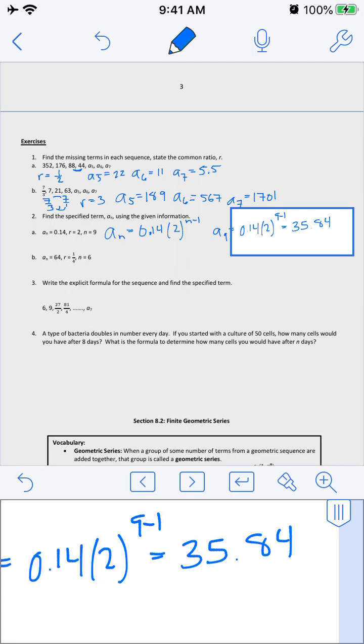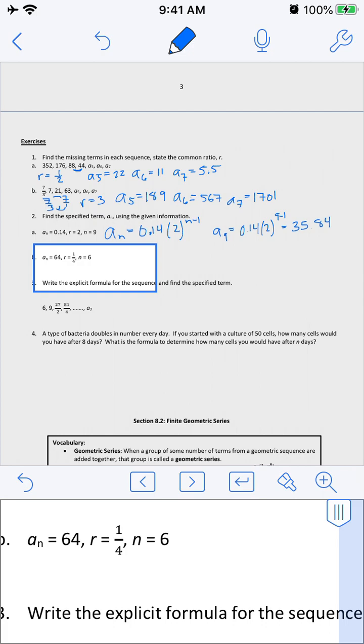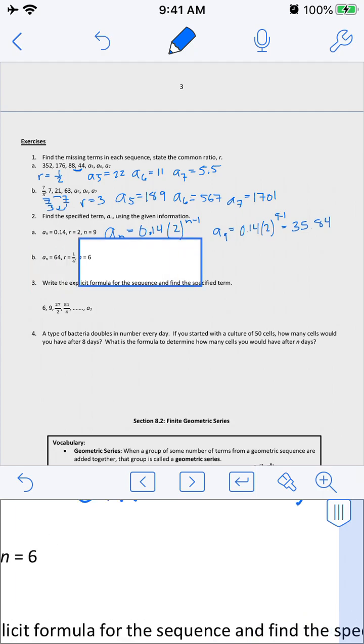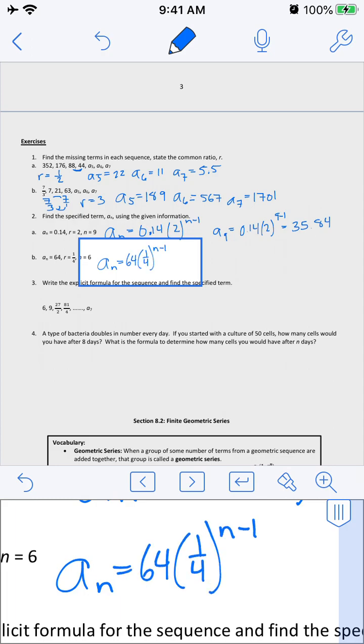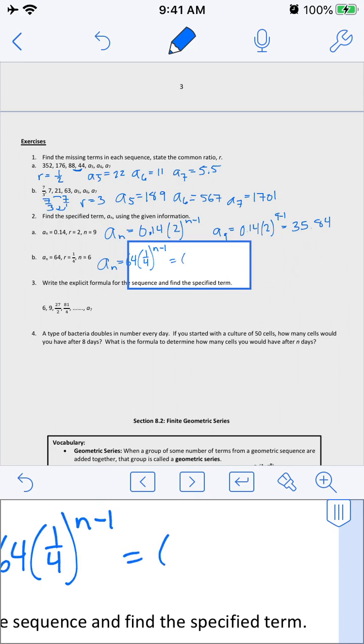Okay, let's do it again. Even though 6 isn't that far up, I'm still dividing by 4 each time, and after 3 times, I know 64 goes to a fraction. So still, an equation might be even more helpful. 64 times 1 over 4, to the n minus 1. That's just our general format equation.